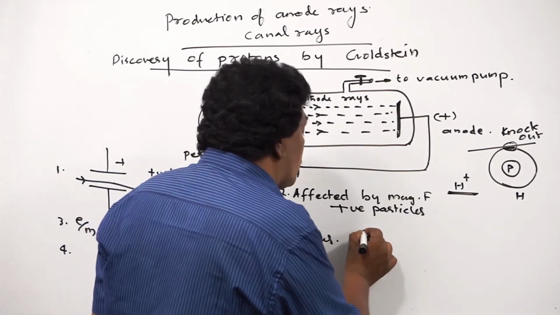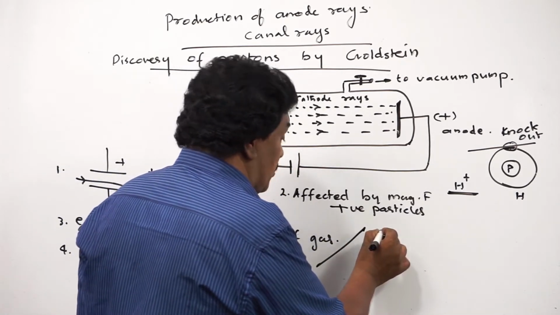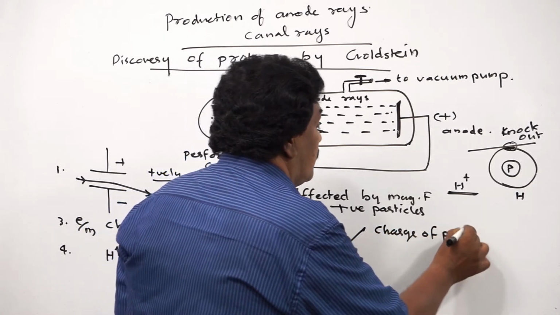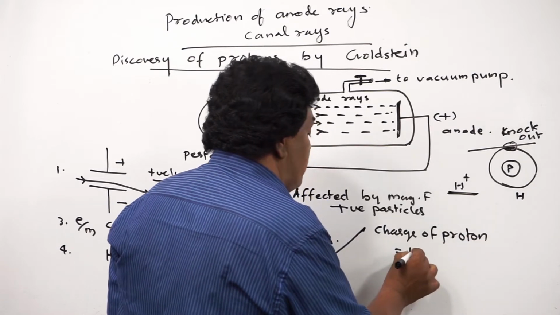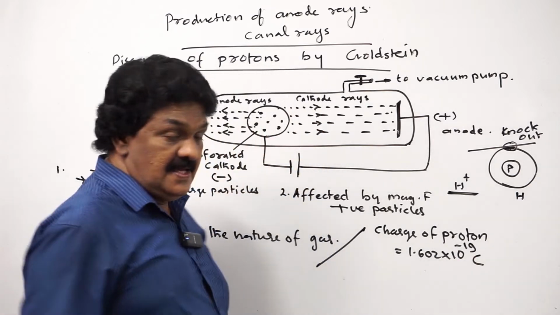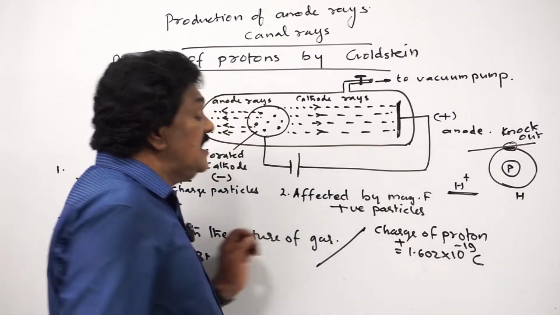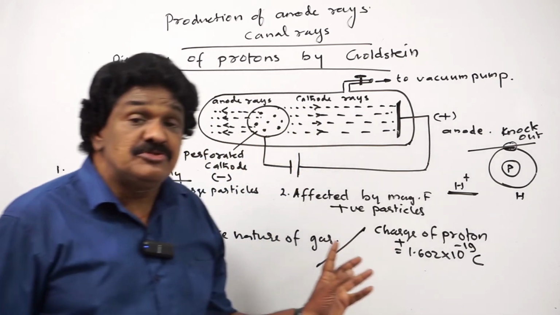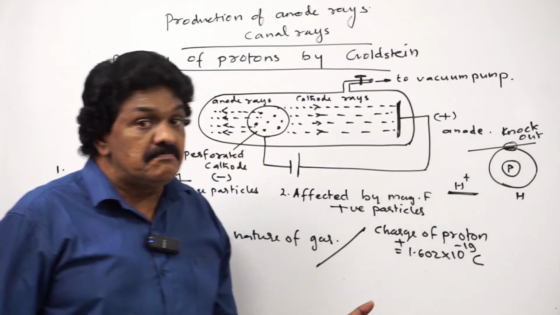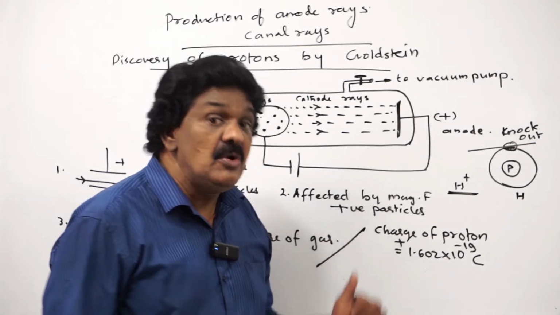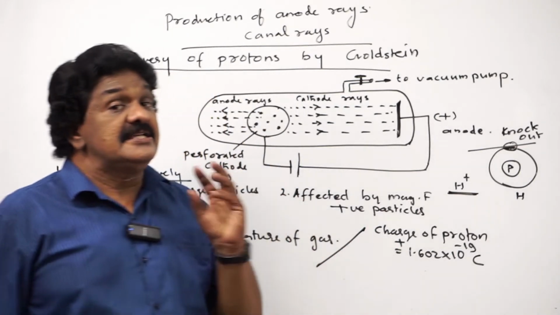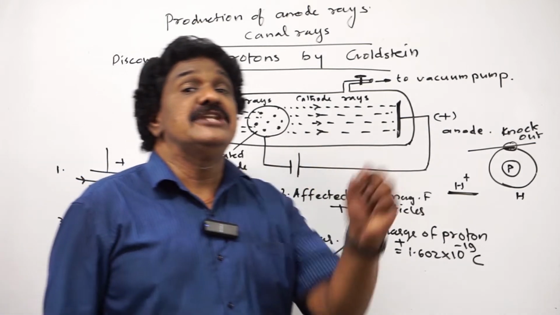See, the charge of the proton is 1.602 into 10 raised to minus 19 coulombs. That is plus. The charge of the proton is equal to that of the electron, equal in magnitude but opposite in sign. For the electron it is negative and for the proton it is positive.